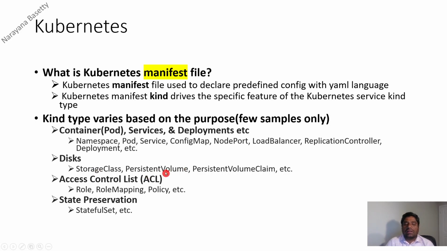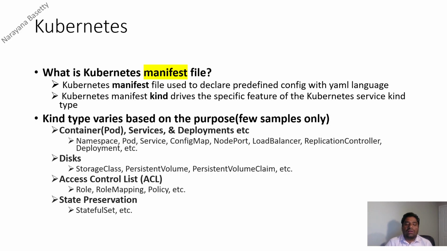The major kinds are persistent volume, which defines the volume, and the pod uses a persistent volume claim of that kind, so that you can link the hard disk attached to your physical server to your pod.